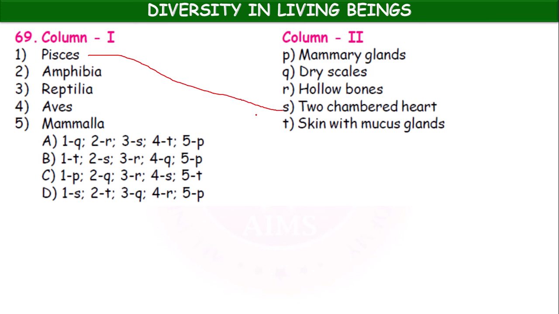Okay. Next, Amphibia, skin with mucous glands. Aves, hollow bones. Mammalia, mammary glands. Okay, so 1S, 2T, 3Q, 4S, 5P.